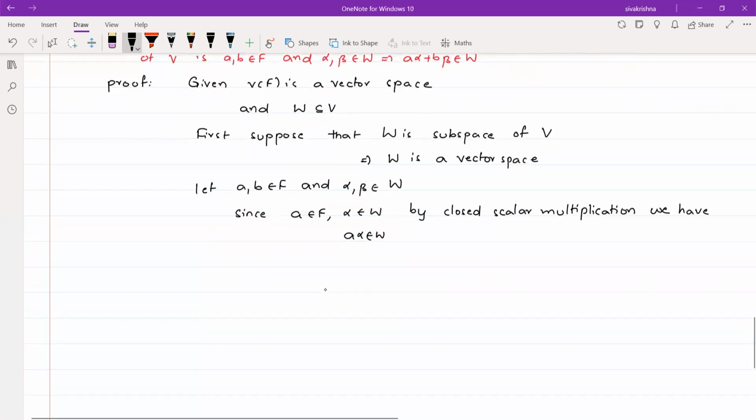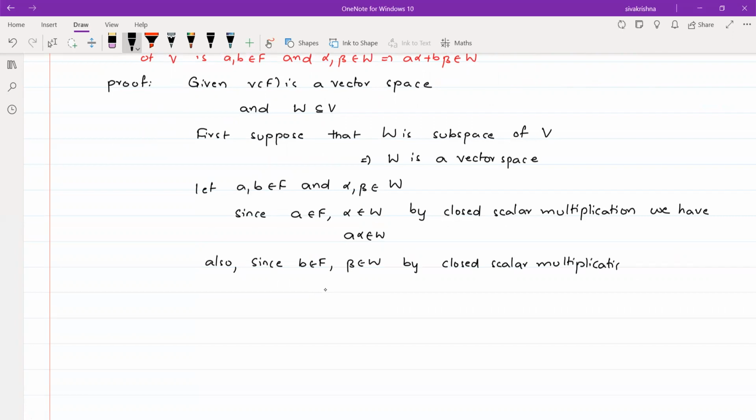Once again, since b also belongs to F and beta also belongs to W, by the same property, closed scalar multiplication, we have b beta belongs to W.